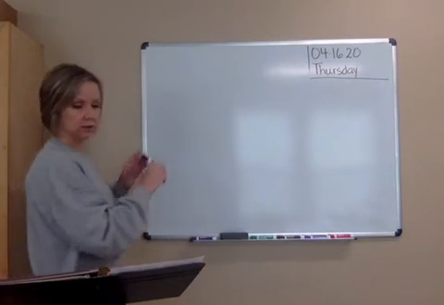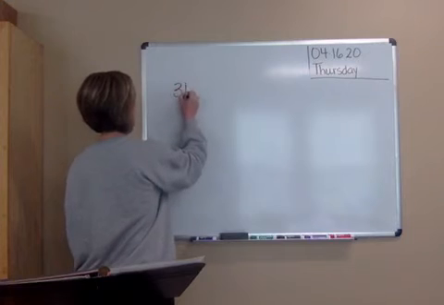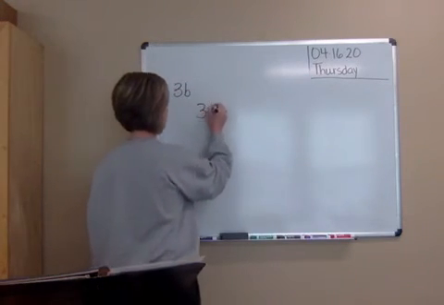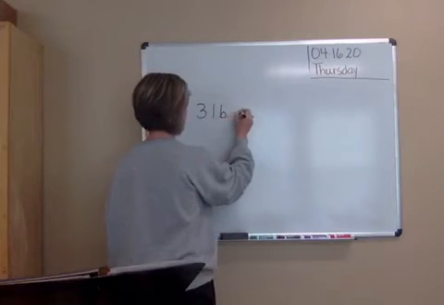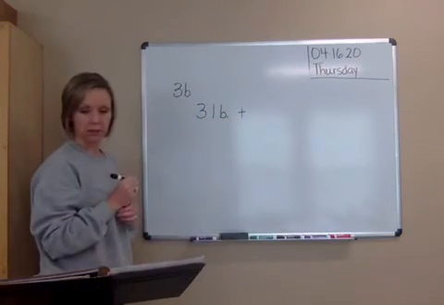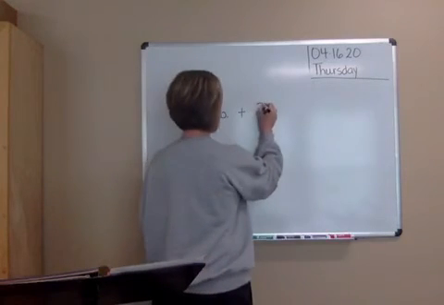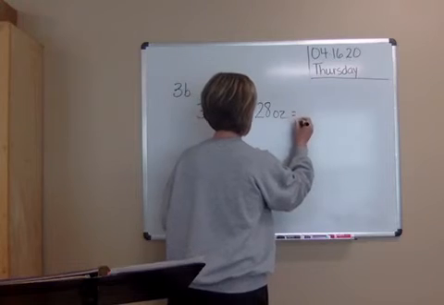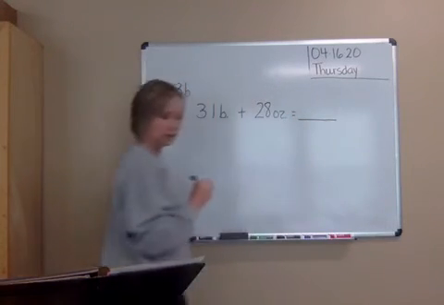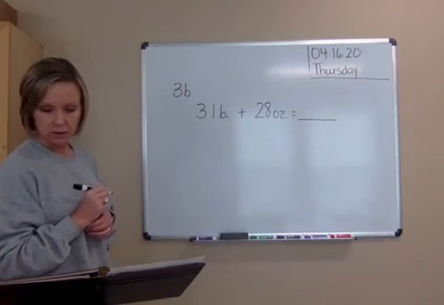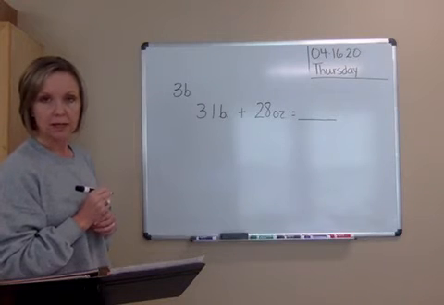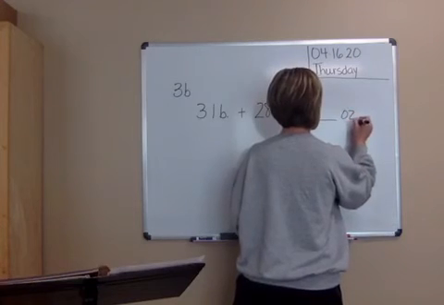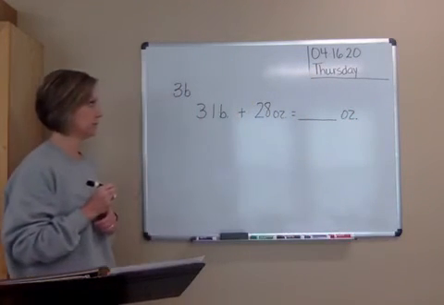So this is 3B. You have 3 pounds. So you're writing in your workspace 3 pounds plus 28 ounces. And we cannot add those together because those are different measurements. Equals, what are we solving for? How many ounces? Equals blank ounces. So that's how you're going to set it up.